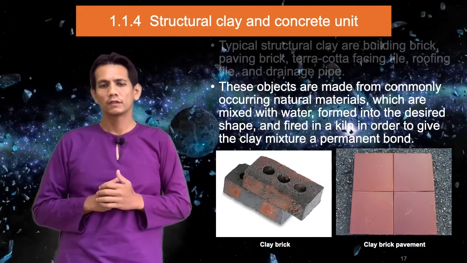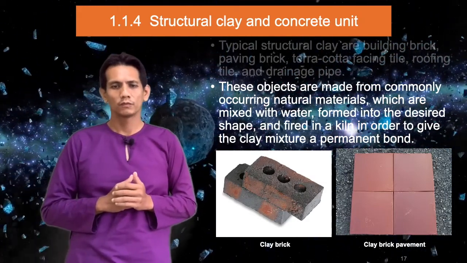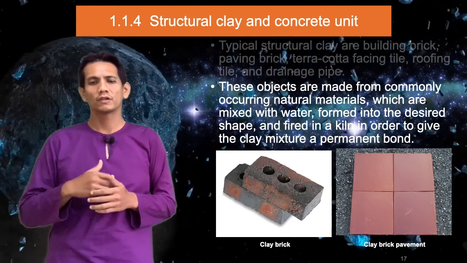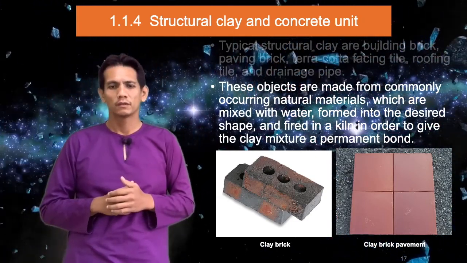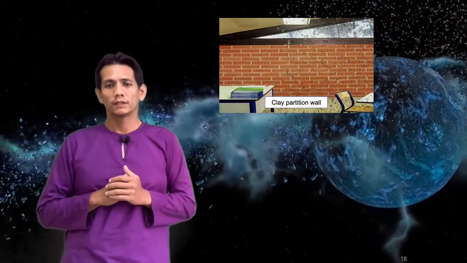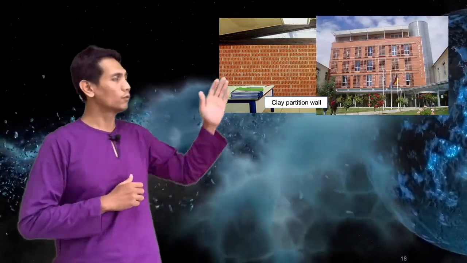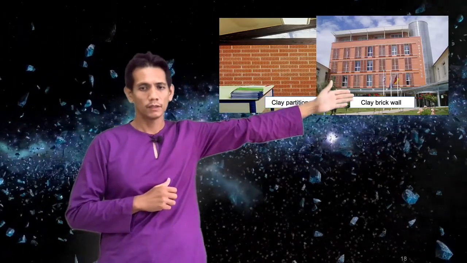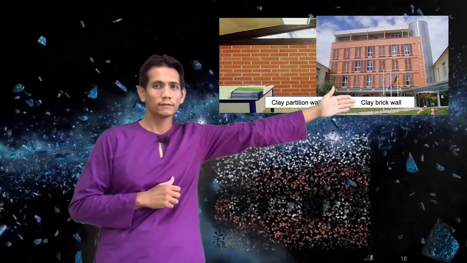This is brick used normally to construct walls, right? And then for pavement we also use clay bricks, right? Alright, these are a few examples of uses: clay partition wall, and then we have a clay brick wall.